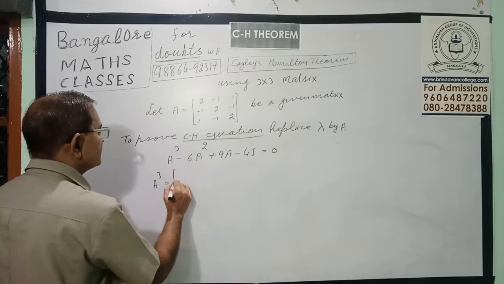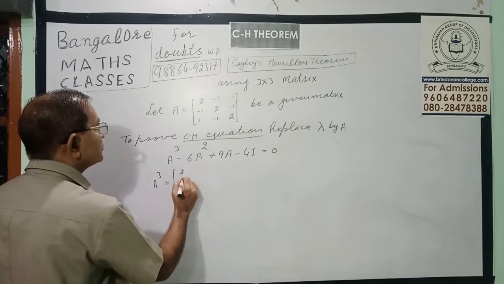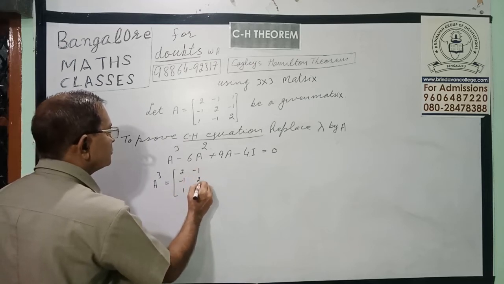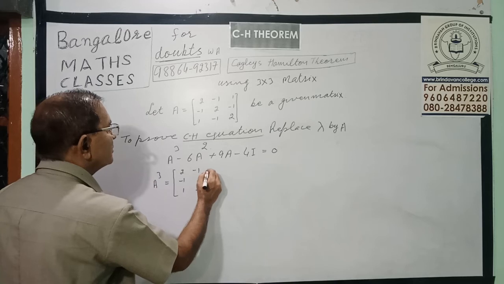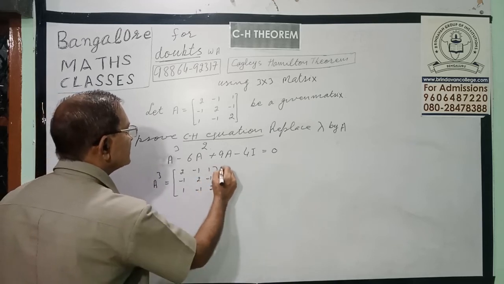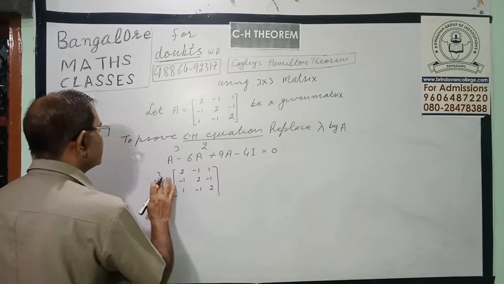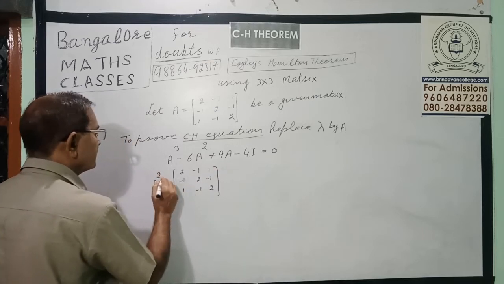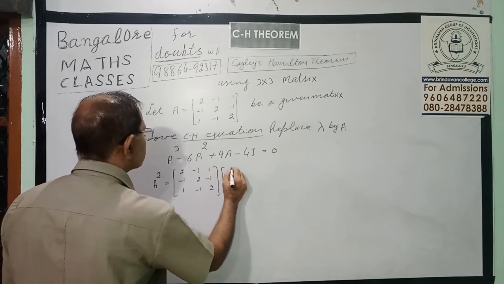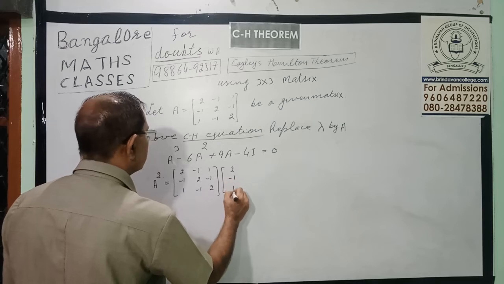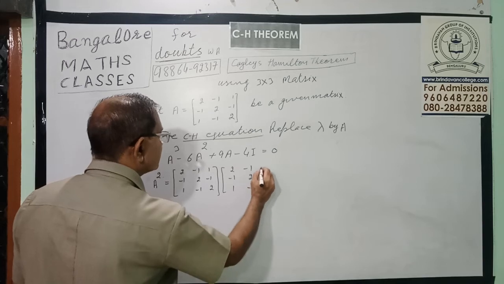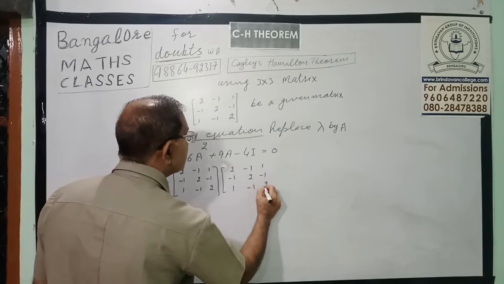A cube means the matrix A, that is 2 minus 1 1, minus 1 2 minus 1, 1 minus 1 2, written thrice and multiplied. Otherwise, first find A square.